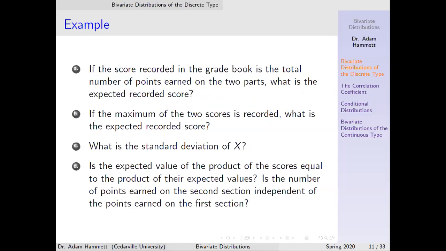I'll go ahead and copy that down on the whiteboard and we'll work with that. And here are the problems they want us to do. If the score recorded in the grade book is the total number of points earned on the 2 parts, what is the expected recorded score? And then various things after that. Wants us to compute various things about this joint PMF. Okay, so let's go ahead and do that.